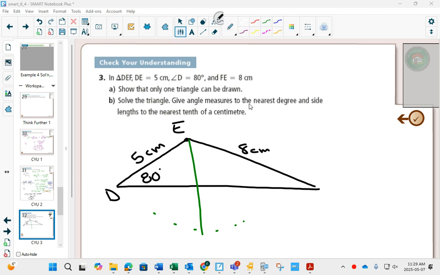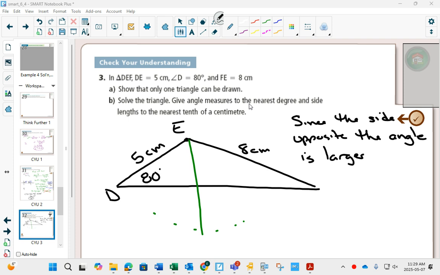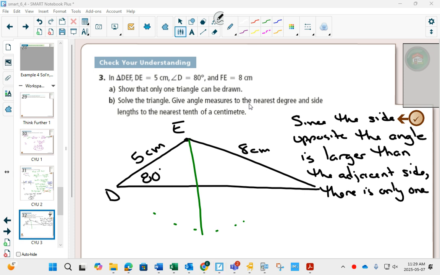We have to write: since the side opposite the angle is larger than the adjacent side, there is only one triangle.